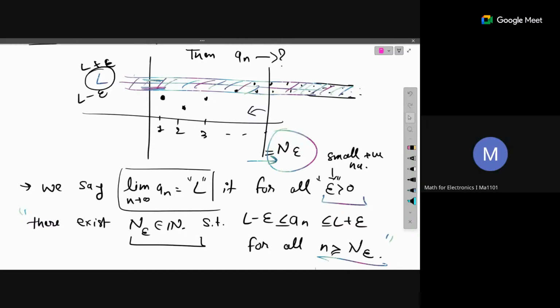To understand this epsilon and the limit, I understand the limit, but that epsilon idea is still very abstract for me. Yeah, this epsilon might be a little hard to digest, but you have to spend some time.